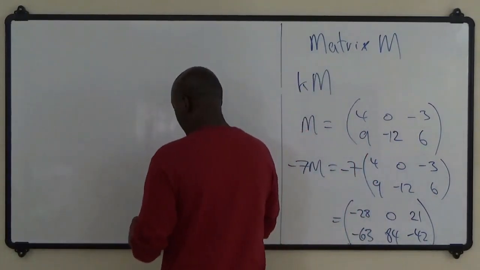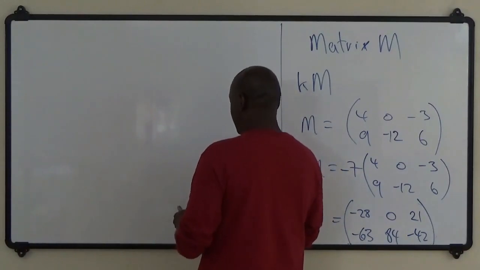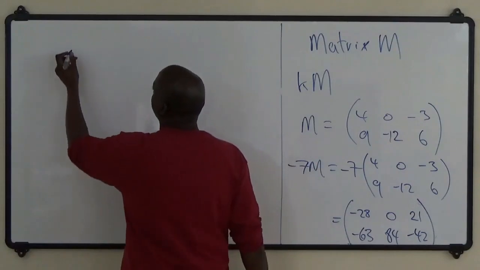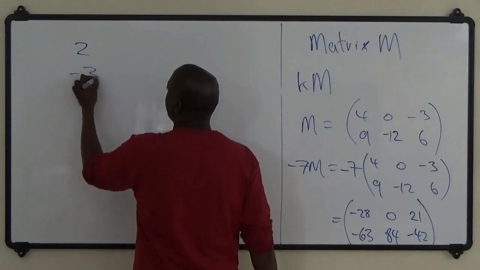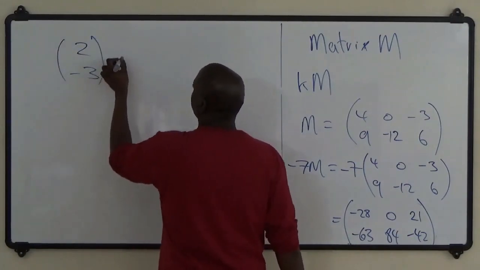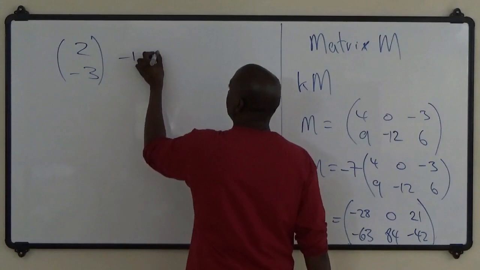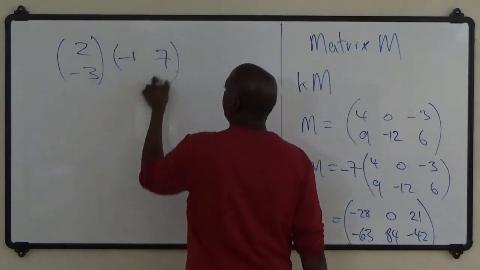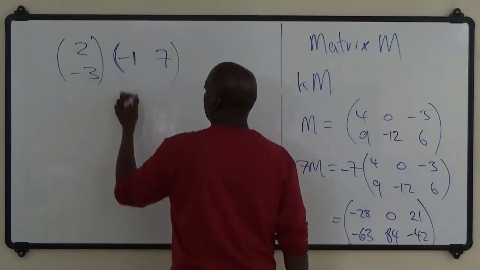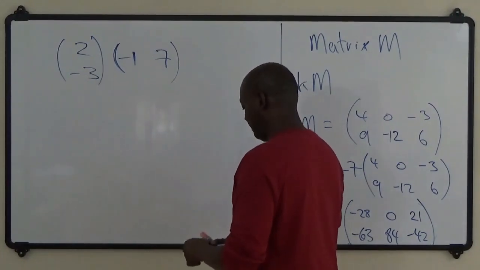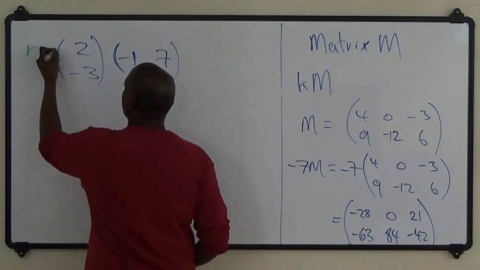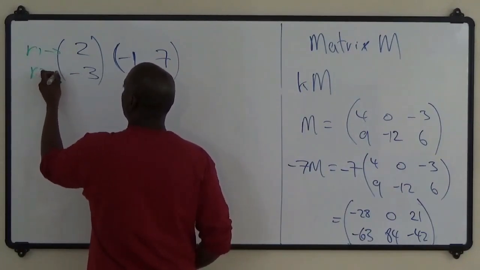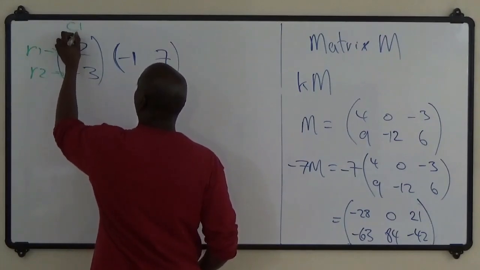So let us say again we have the matrices. We have the matrix 2, minus 3, and I think it was minus 1, 7, if I'm not mistaken. All right? Right or wrong, we roll in with that. So this is your row 1. Start from the top. This is your row 2. This is your column 1.